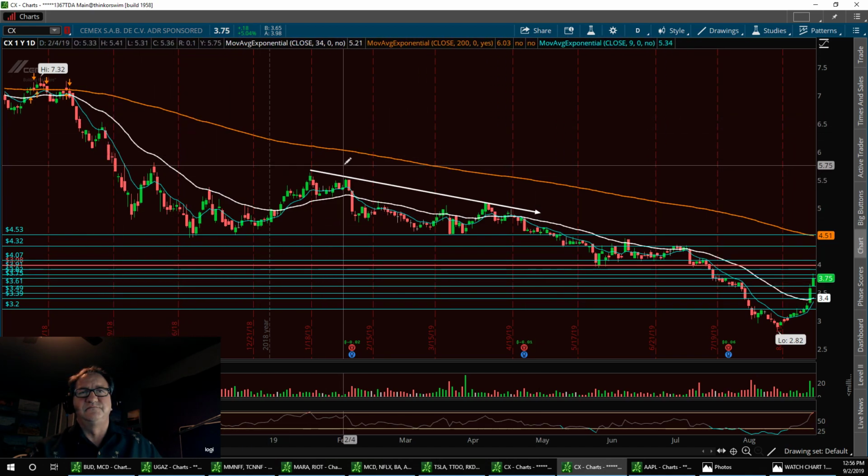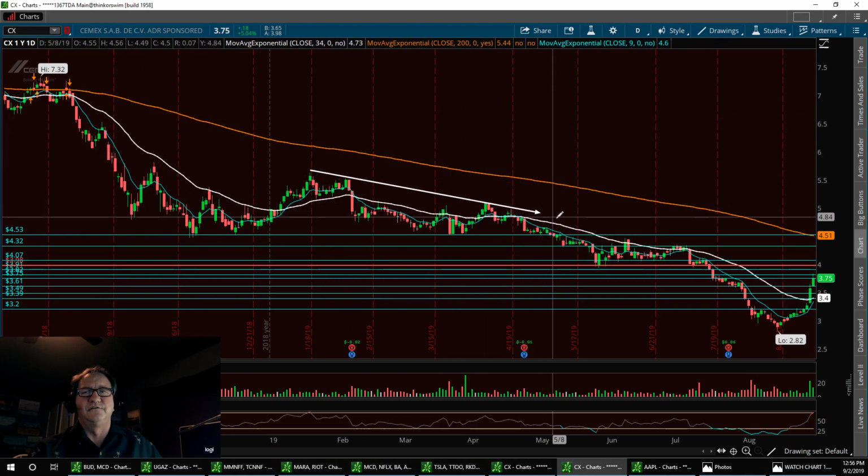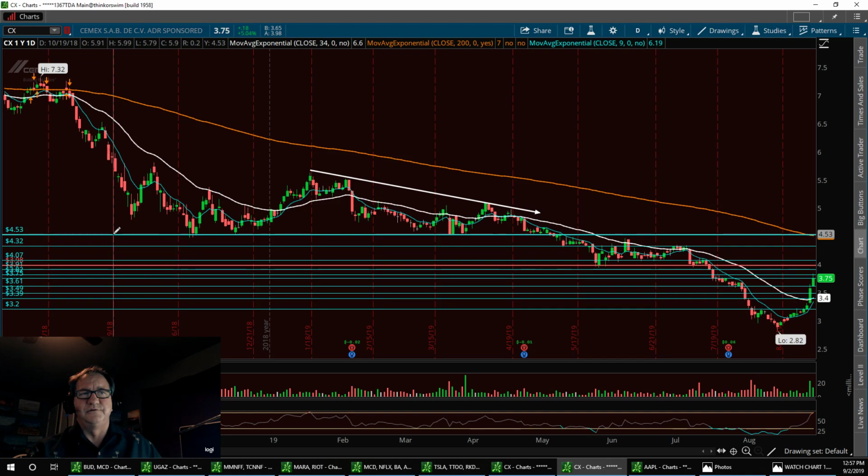But lower highs is an indicator that you're going to go down a little bit more. And what you have right here is, every time it wanted to touch down and hit that, it didn't want to do it. So that is a descending triangle.